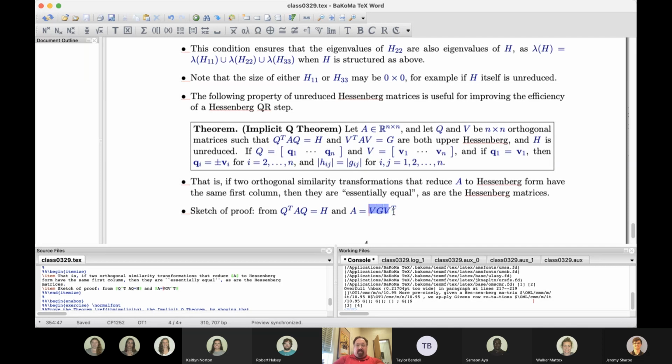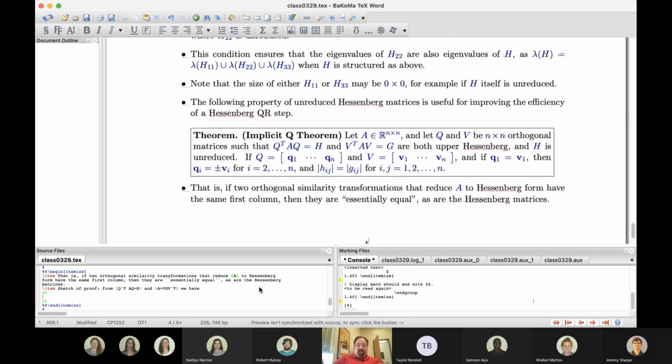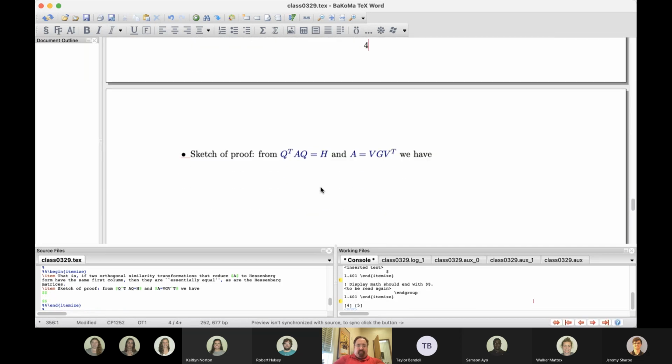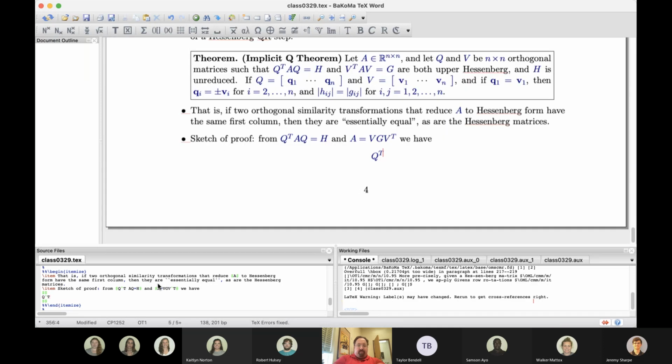Then I can take this form of A and substitute it in here. So I have Q transpose VGV transpose Q equal to H.